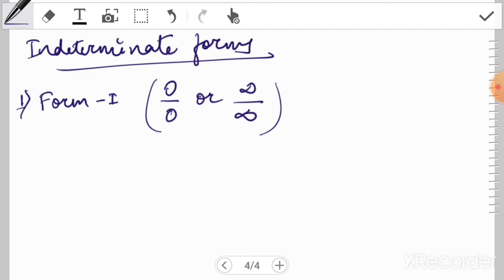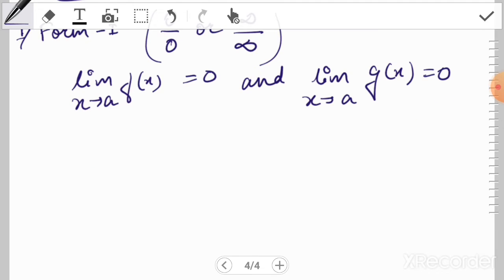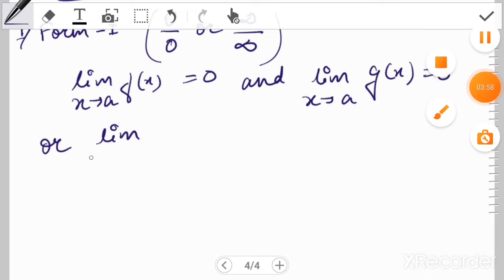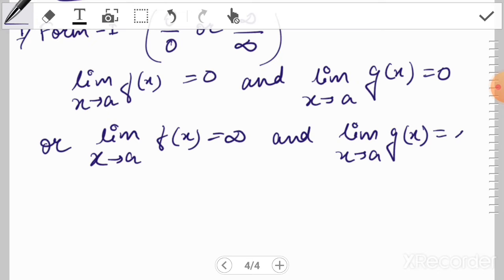So a fraction whose numerator and denominator both tend to 0 as x tends to a, say limit x tends to a f(x) becomes 0, and also limit x tends to a g(x) becomes 0, or limit x tends to a f(x) becomes infinity, and limit x tends to a g(x) is again infinity.